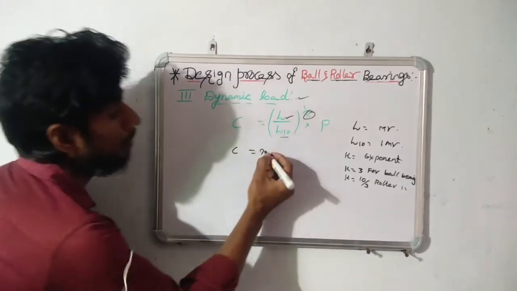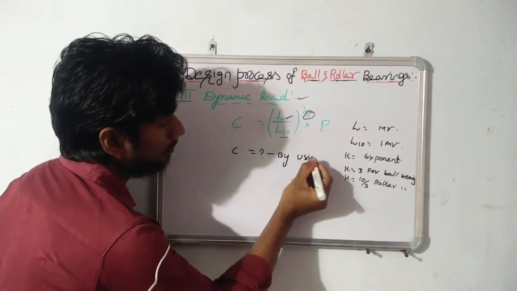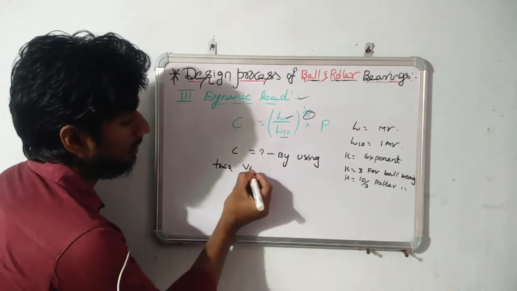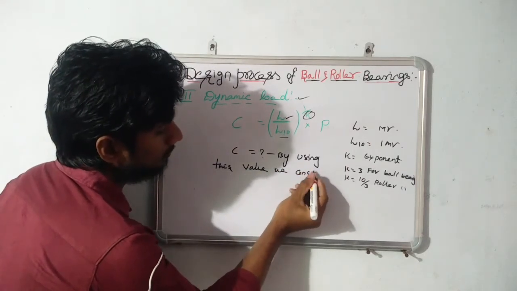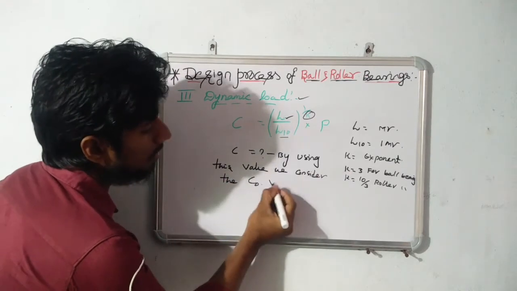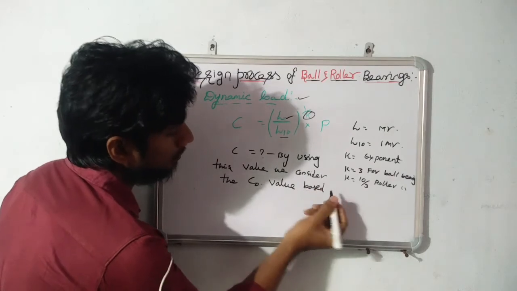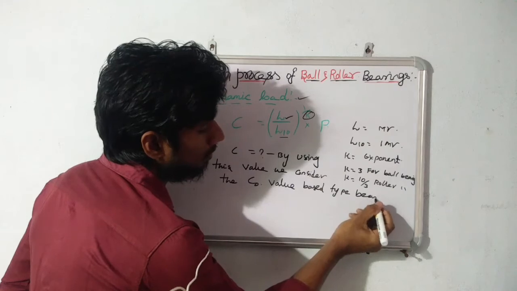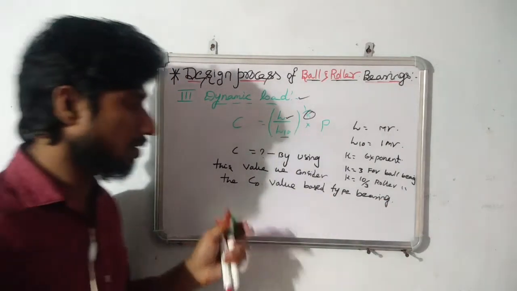So by using this value, we consider the C0 value based on the type of bearing. So this is the important step here.